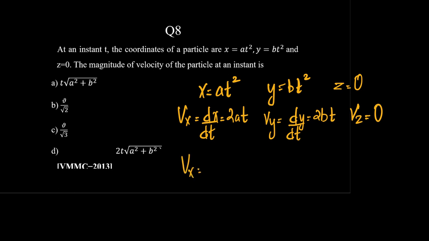So in short, Vx is equal to 2at and Vy is equal to 2bt, in which case what is V equal to?